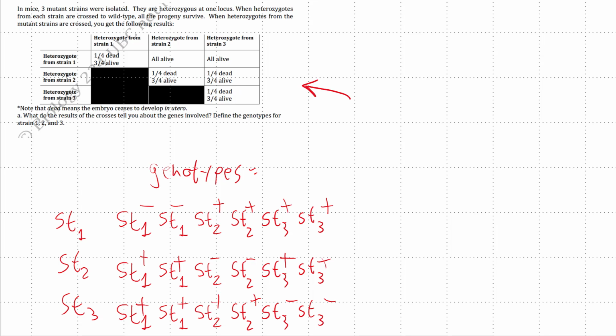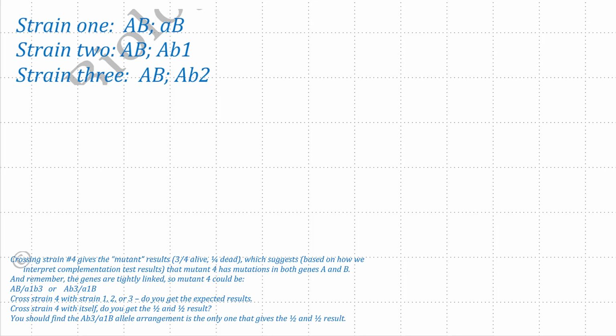So what comes next is the introduction of a new strain of mice, and that new strain is going to be in heterozygosity. They give you this nomenclature for the three strains that you have, and they tell you that this new fourth strain fails to complement with the three different strains.